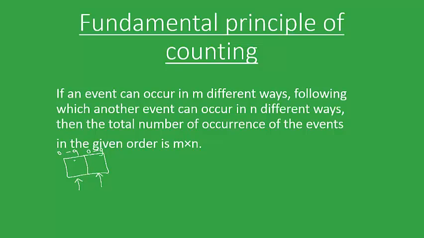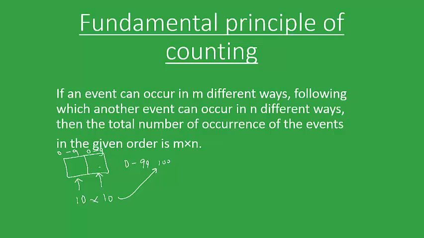The first digit can be any of 10, and similarly the second digit can also be any of 10, so the numbers go from 00 to 99, which are 100 combinations. This can be obtained by simply multiplying the choices for the individual digits, which is 10 into 10, hence the answer 100.